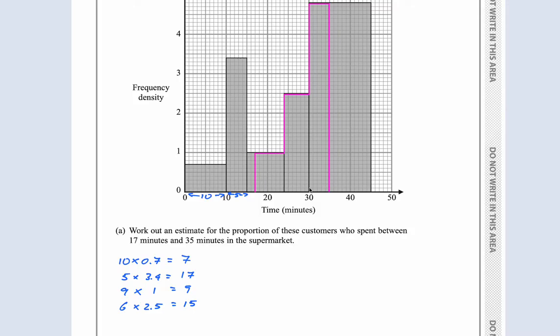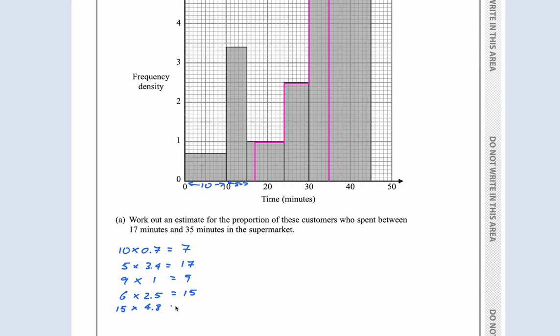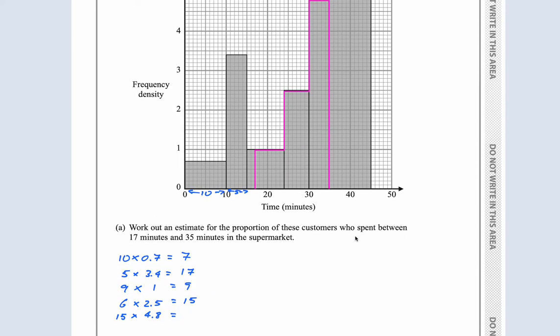And then the final big bar here goes from 30 to 45. Excuse me. So this is 15. So that's 15 times 4.8. Hang on, let me write this down. 15 times 4.5, 4.6, 4.7, 4.8.